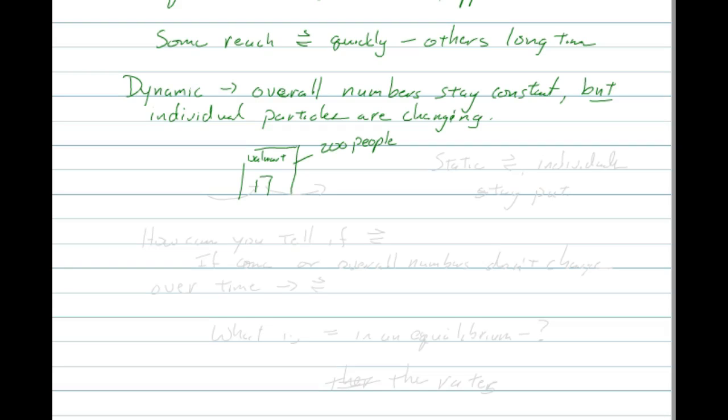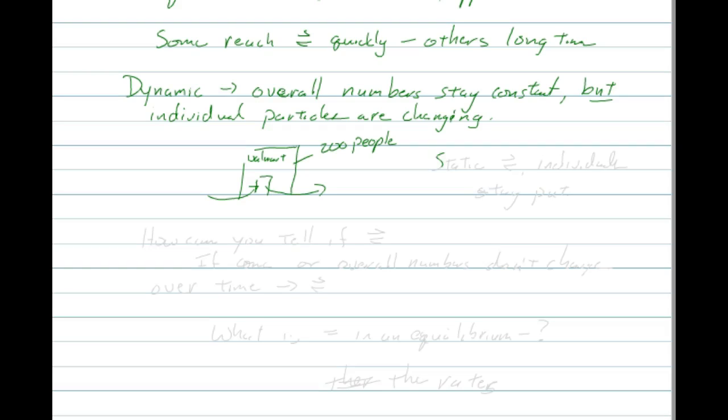But you're constantly having people leave the store, and you're also constantly having people enter the store, so that you get an average of 200 people in the store at one time. So in a dynamic equilibrium, the particles are always changing.